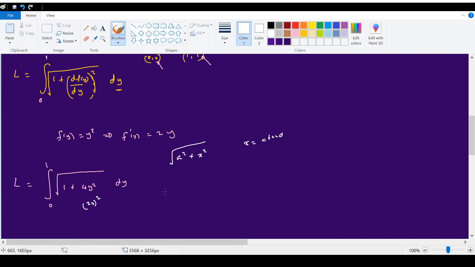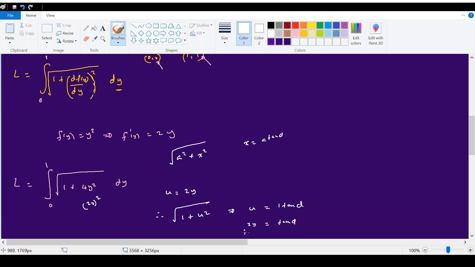So what we can do is we can consider u as 2y, so therefore we have 1 plus u squared in the square root. So that means what we can do is we can substitute u as 1 times tan theta. In other words, 2y as tan theta.